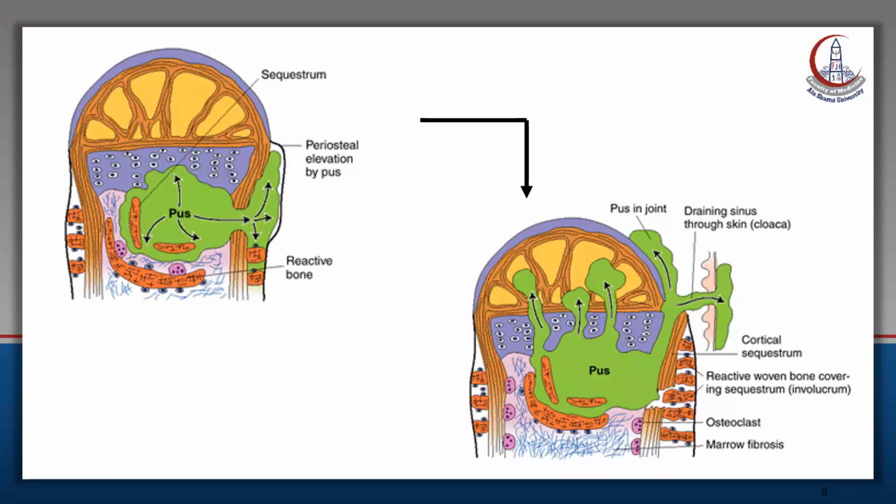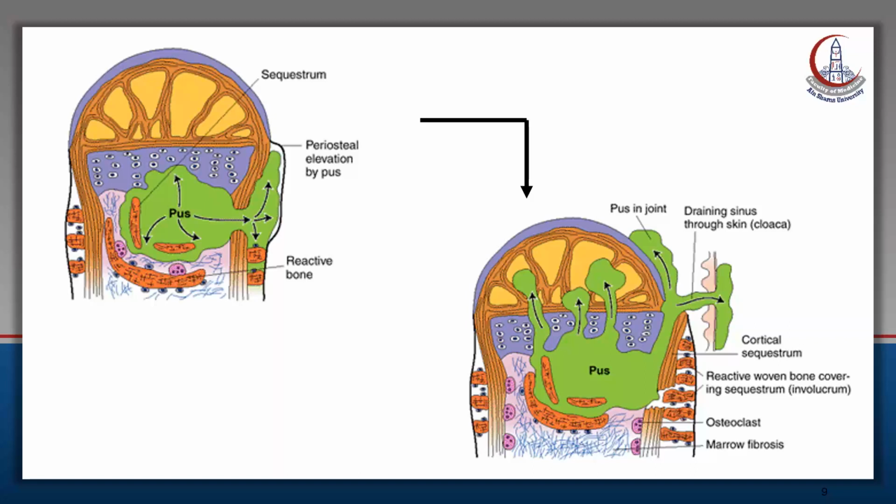Then the abscess continues to expand to the cortex and the cartilage and to the periosteum, and perforates the blood vessels supplying the cortex and periosteum, leading to necrosis in this part of the bone.